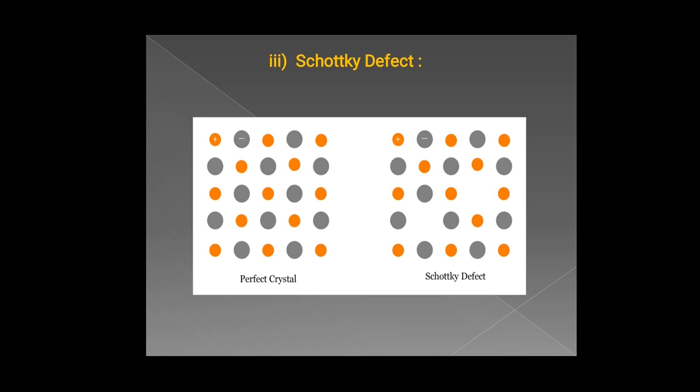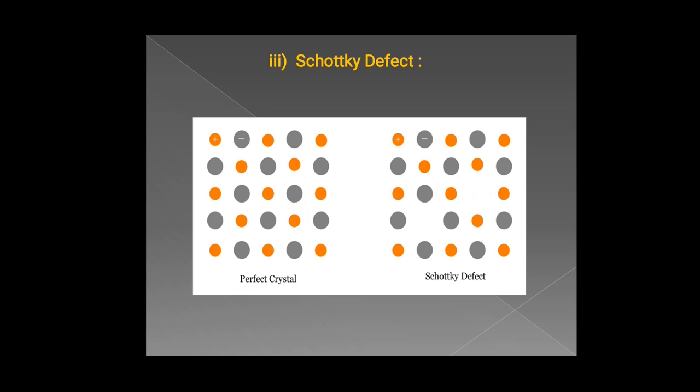So if you see this perfect crystal, when it gets any kind of defect, specifically the Schottky defect, what happens is, here will be the cation, here will be the anion, and here will be the cation. So that is the space for the cation, this is the space for the anion.